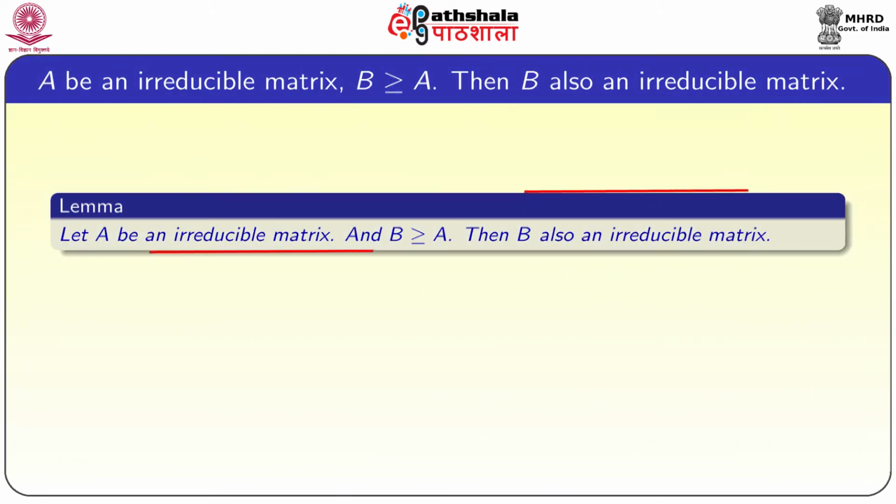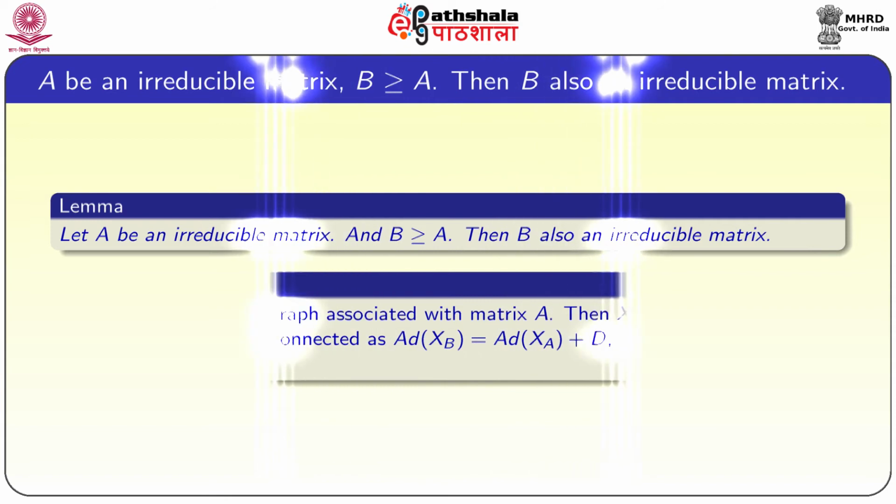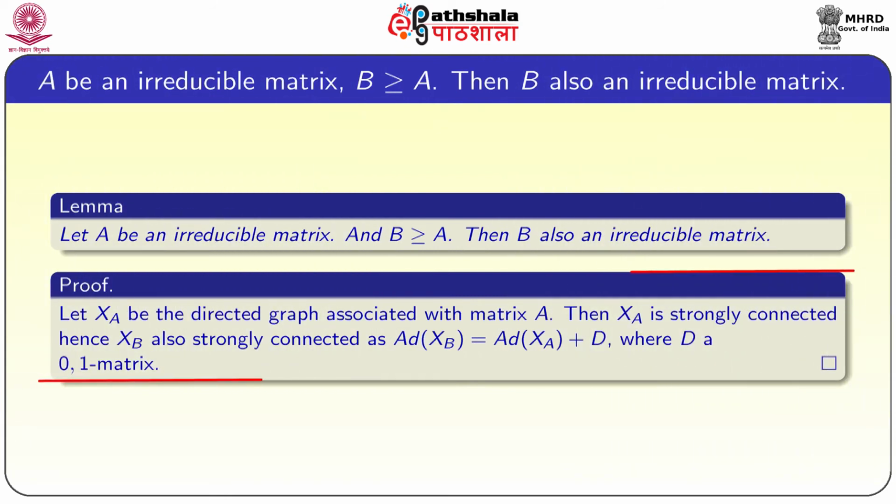Now, if A is an irreducible matrix and B is greater than or equal to A, then B is also an irreducible matrix. So, the proof goes like this. Let XA be the directed graph associated with matrix A, then XA is strongly connected.